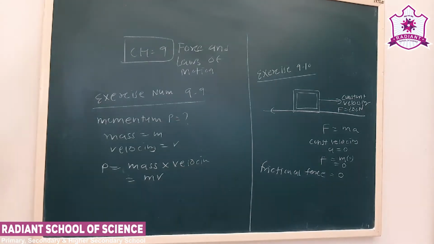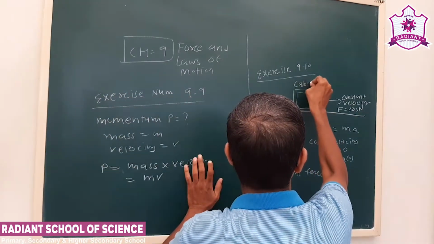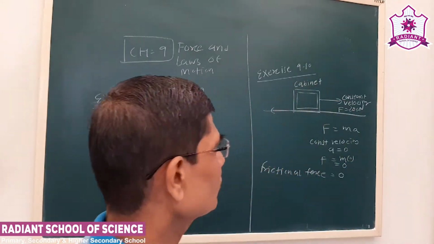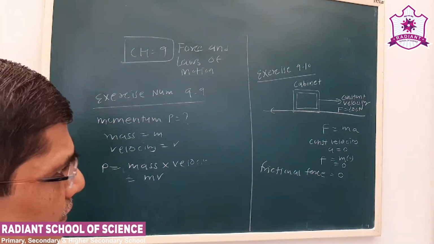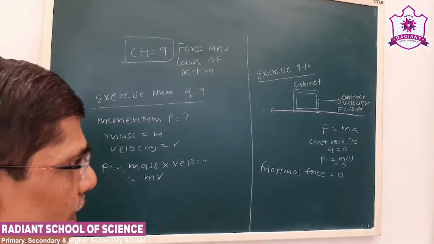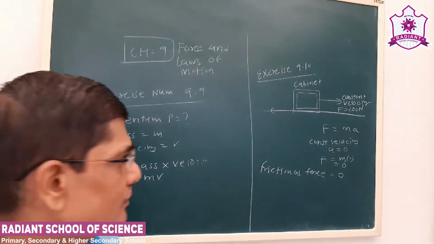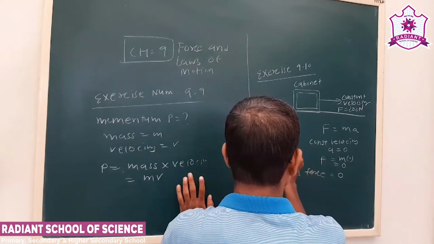Now again see the question. Using a horizontal force of 200 Newton, we want to move a cabinet which is kept on a horizontal surface, and we apply a force of 200 Newton. What is the meaning of constant velocity? Zero acceleration, because delta V will be 0.